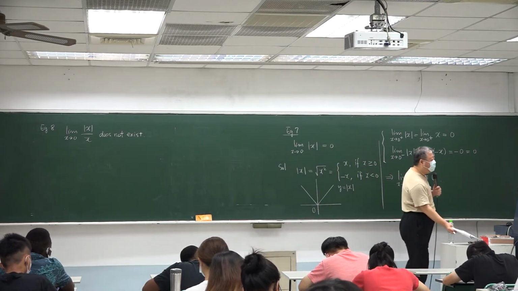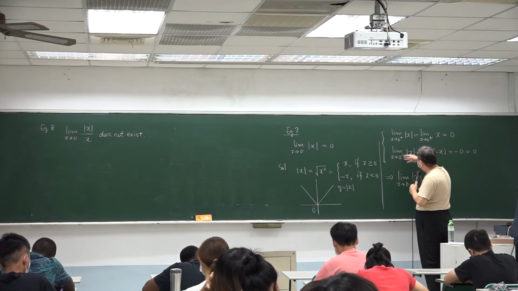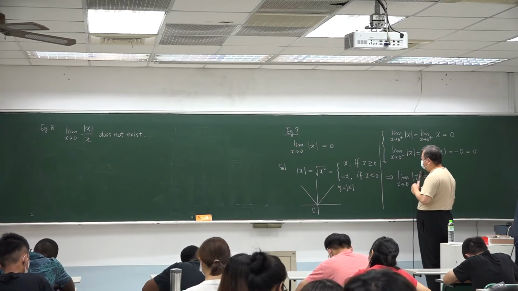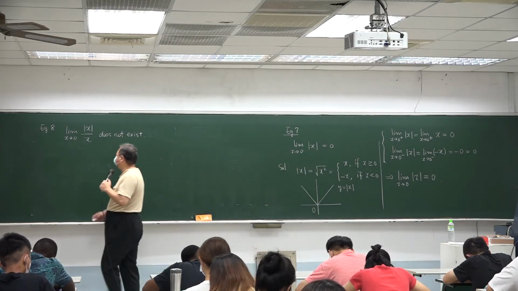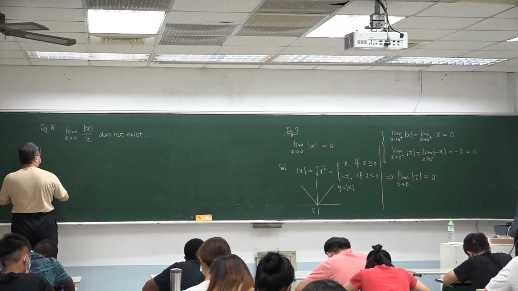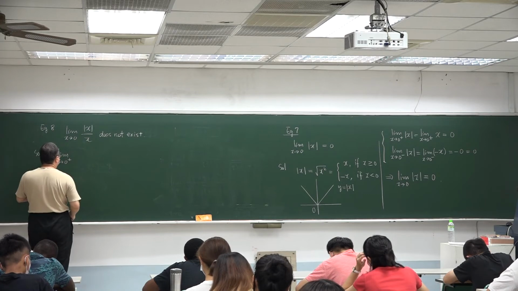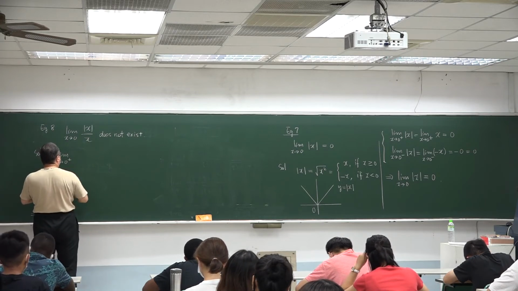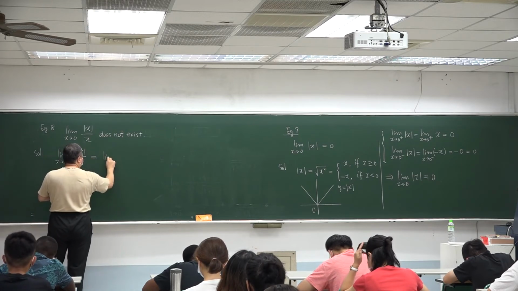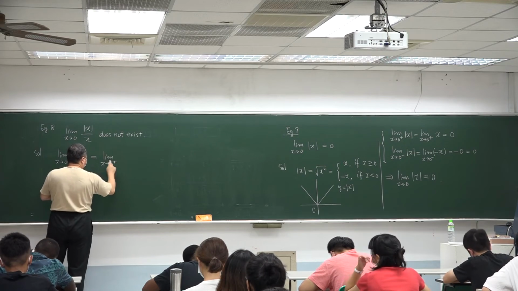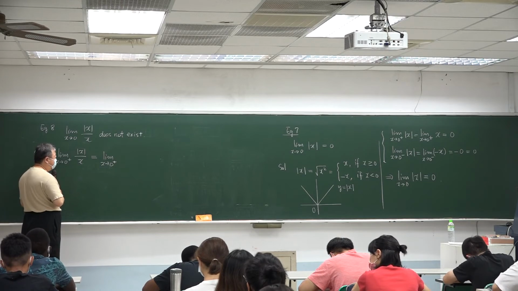Again, we apply the theorem concerning one-sided limits and two-sided limits. We consider one-sided limits. X approaches 0 from the right means x is greater than 0.